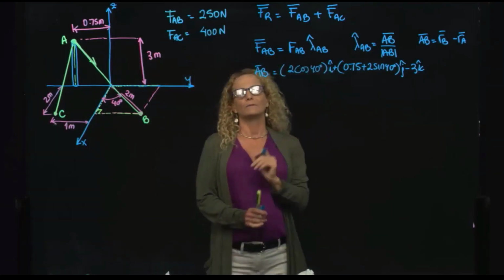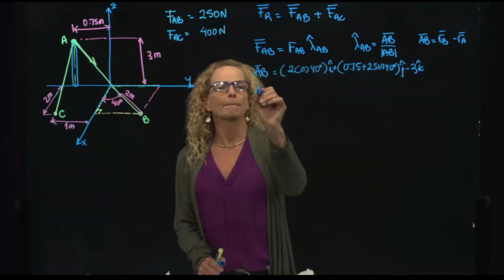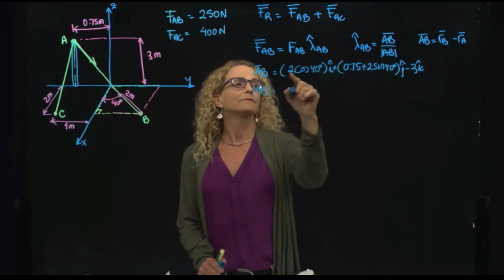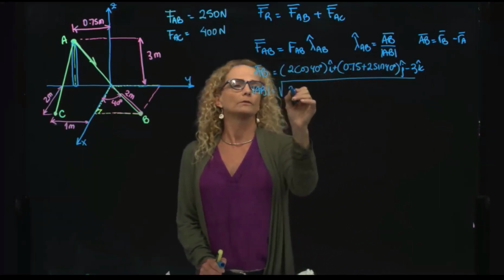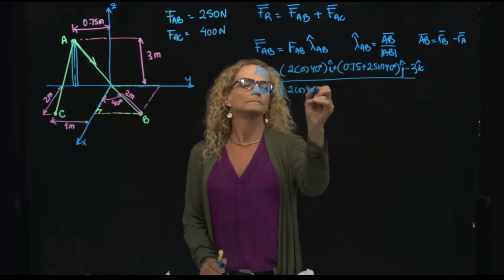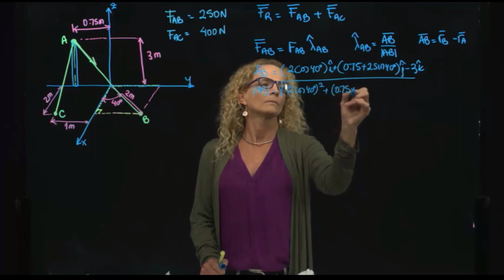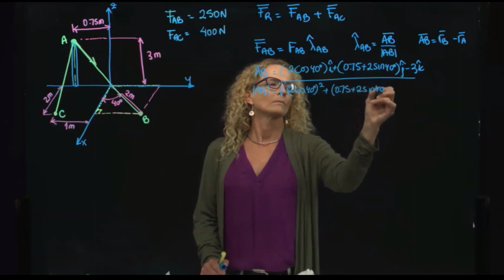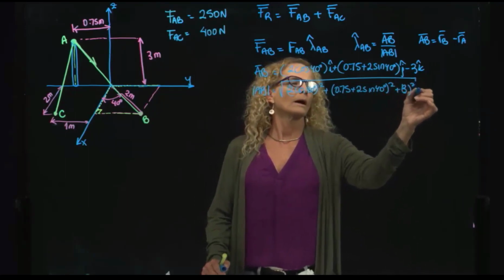So this is my vector, and I have to find the magnitude. The magnitude will be the square root of the sum of the squares of each of these components. And I have them right here.